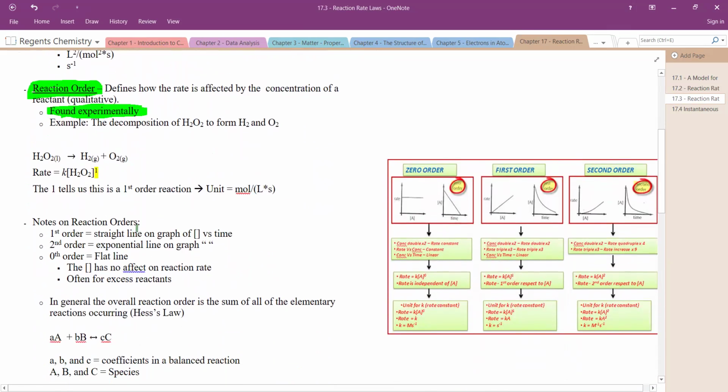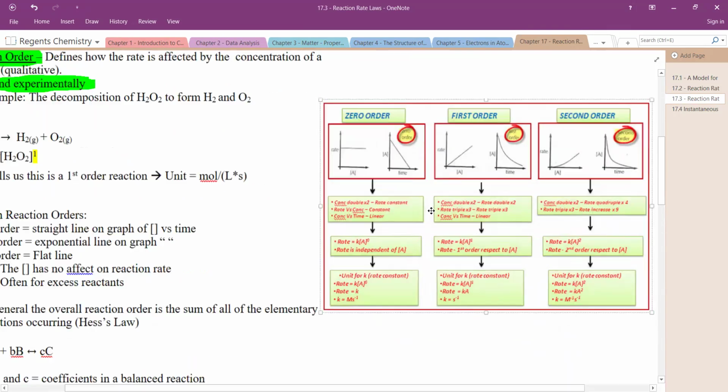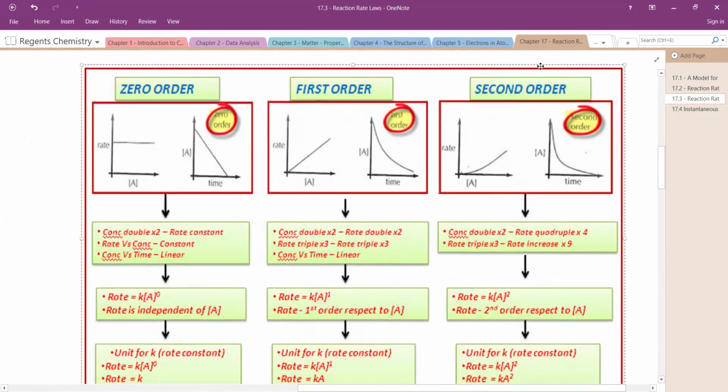Okay. So the way that we get this is actually experimentally. And what we do, and I actually think this is a pretty decent picture over here to examine, I'll zoom in a little. What we do is we go ahead and we do the reaction and we vary the concentration of a reactant. Let's say we are looking at the concentration of A going to B, and we change that concentration.